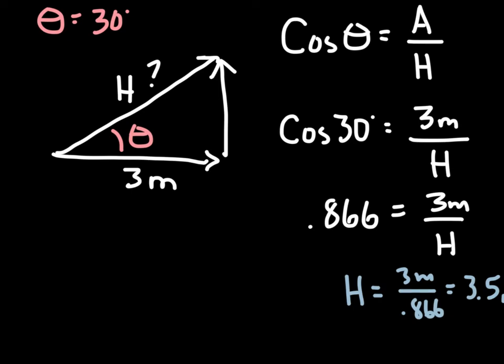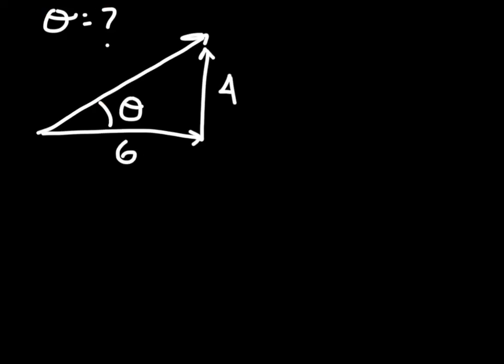So here's a different way. This time we see that, well, it's all in white, but you see that theta is actually unknown. But what you do see is, while we don't know the hypotenuse, there's nothing up there, we actually have two sides of this thing to find.